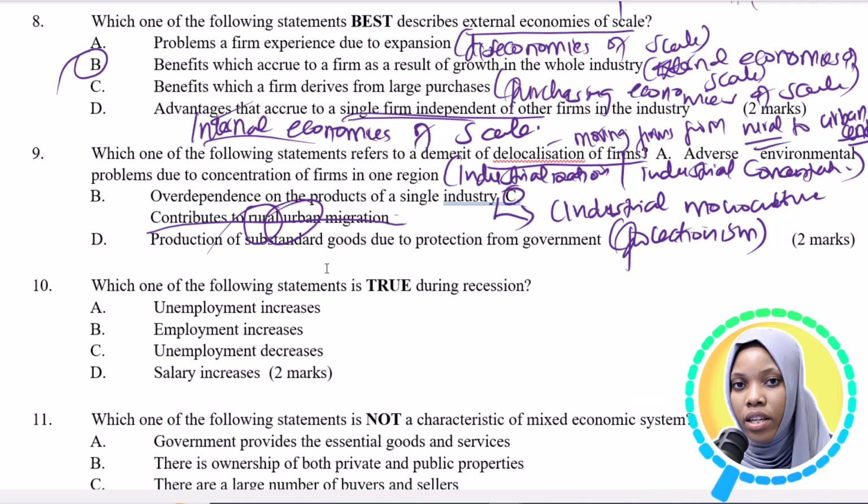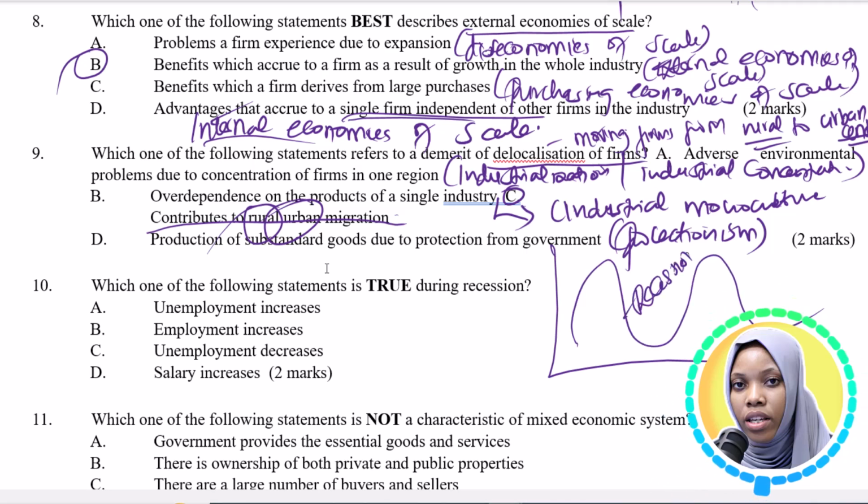Question number 10 is, which one of the following statements is true during recession? We have talked about business cycles in our classes, and this is recession. We have peak here, we have recovery, and we have trough.